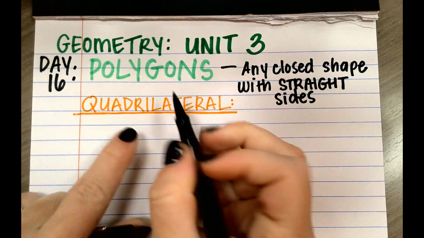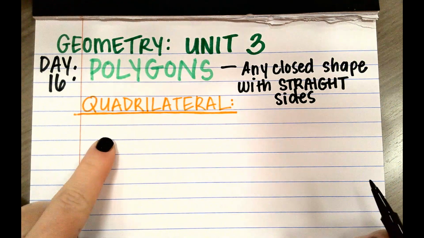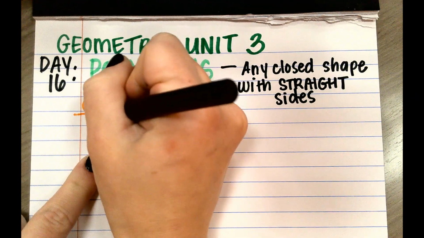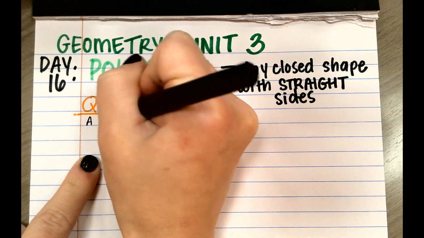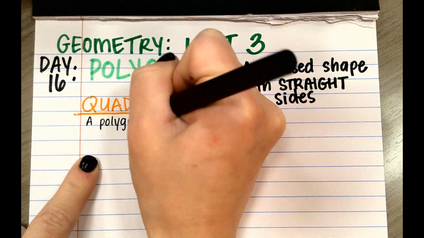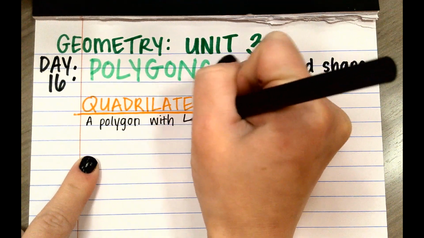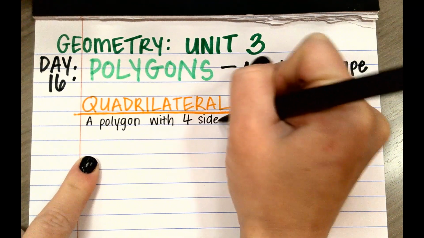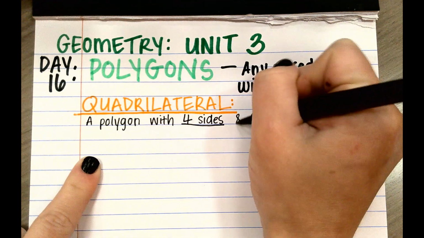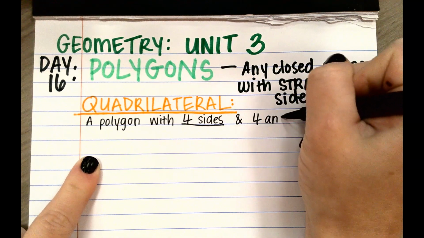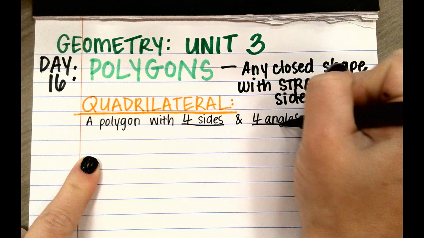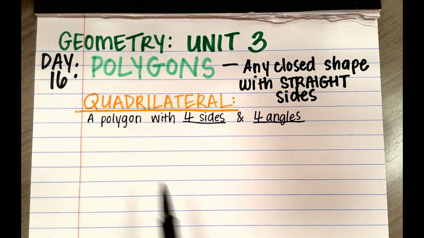This will be a polygon that has 4 sides and 4 angles. Now, a quadrilateral doesn't just have to be a square, a rectangle, the normal shapes you're used to. It can be any shape at all with 4 sides and 4 angles.